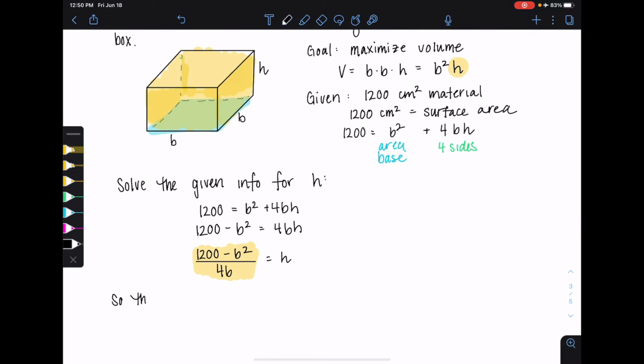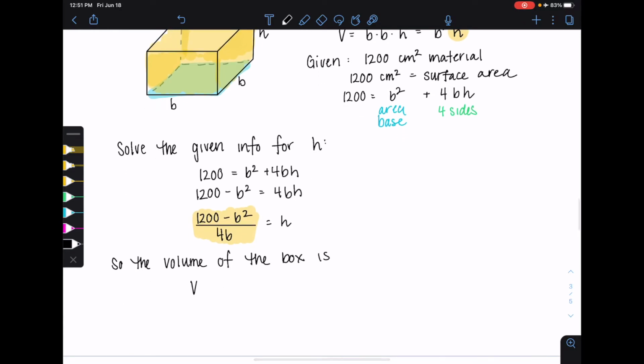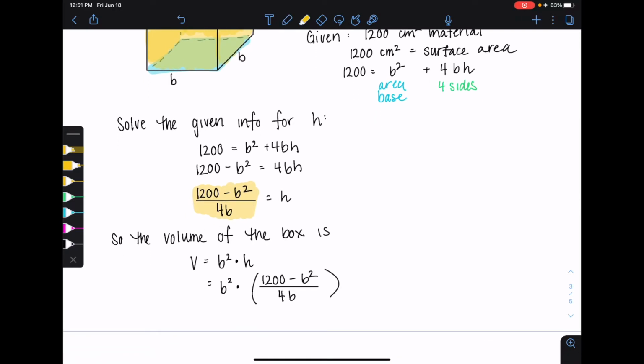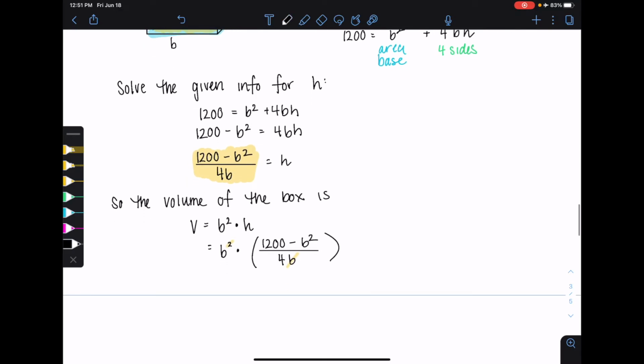So the volume of the box is V equals b squared times h, but we just figured out that h is 1200 minus b squared divided by 4b. So we got some simplification. One of these b's is going to cancel.